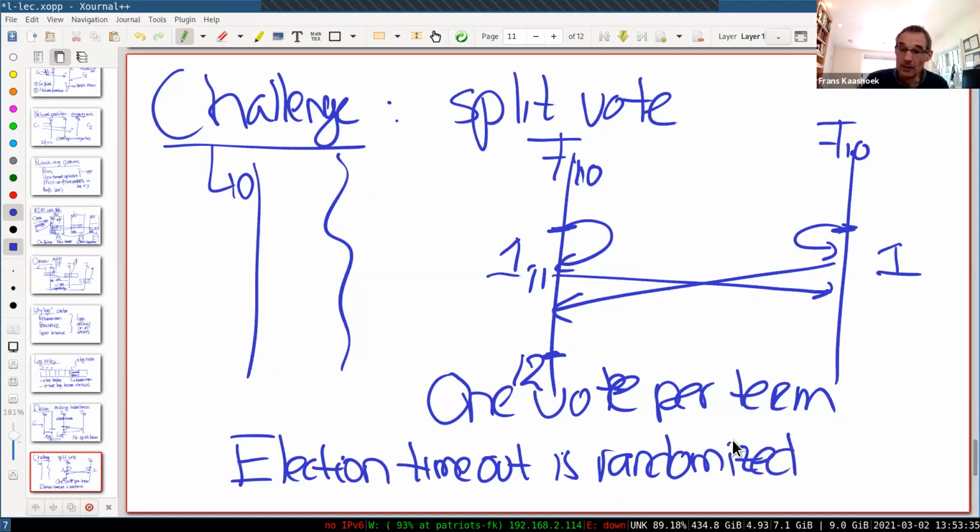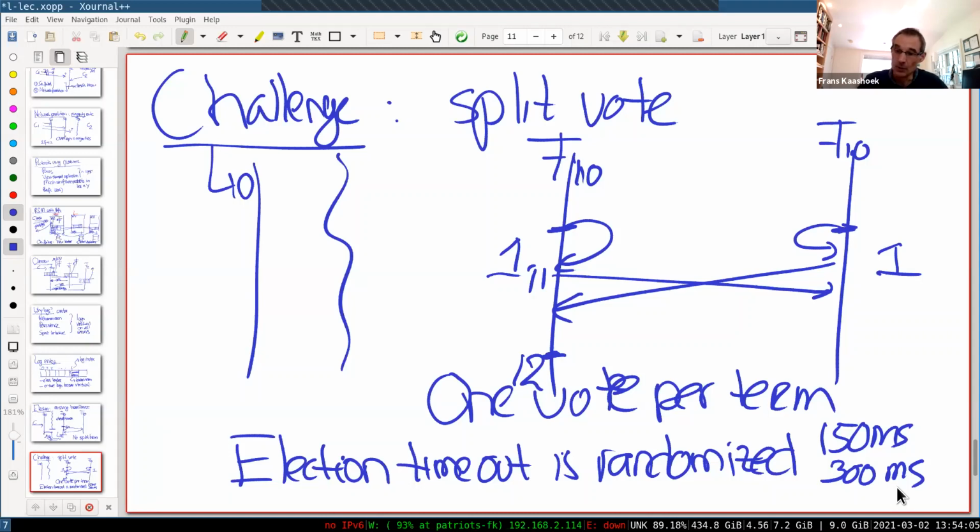When the followers set their election timer, in the paper they talk about picking a random value between 150 milliseconds and 300 milliseconds. Every time these followers reset their election timeout, they pick a new random number in that interval, and only when that timer goes off, they run the election.